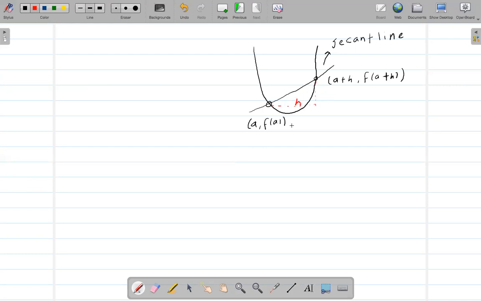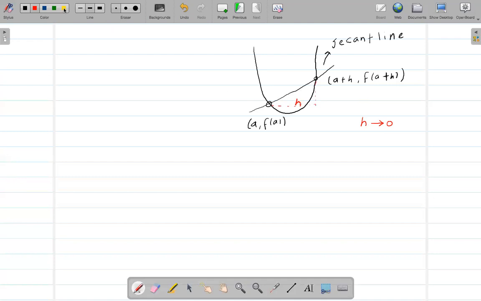So let's see. We're seeing this whole line, and we said this length is h, but let's say h approaches towards 0, which means the h value is going to be 0. We know this secant line goes through 2 points. Now, if h approaches 0, that means this point is also going to approach this point.